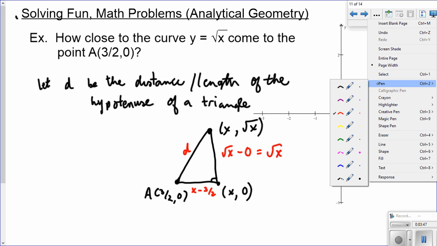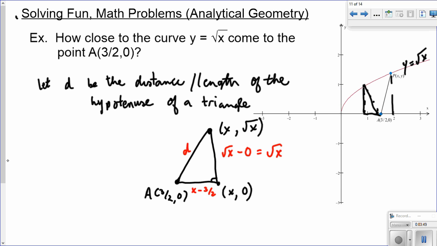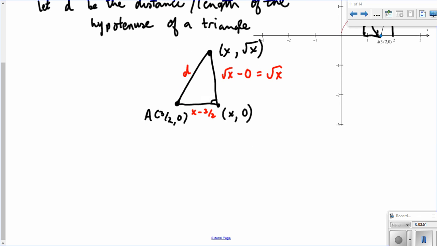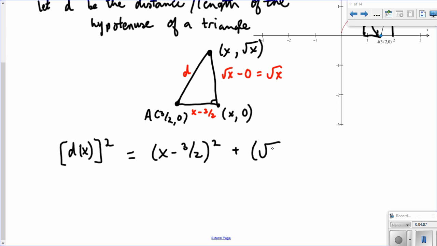So we've got our triangle, we've got our established distances, and we're just going to apply the Pythagorean theorem, and it looks like we can write it in terms of x. So I'm going to write that as a function in terms of x. Now it's going to be the Pythagorean theorem, and then the square root of x, quantity squared.